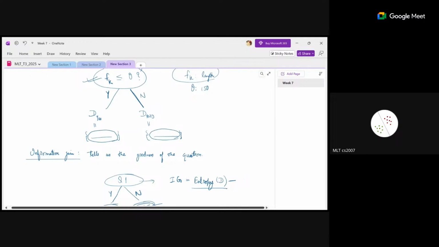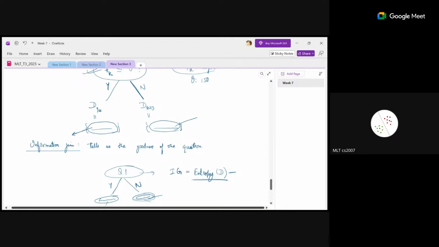How many data points went to the D yes side and how many went to the D no side, you just take the weighted average.